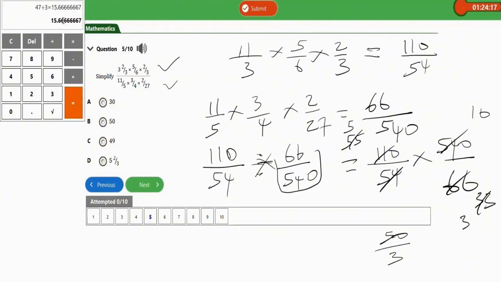So when you round this up to the nearest number, you get 16. All right, so basically the answer to this question would have been 16. But this is meant to be 15 whole number 2 over 3 and not 5 whole number 2 over 3. So this is the closest answer to this output we have here, if we make this whole number 15 and not 5.